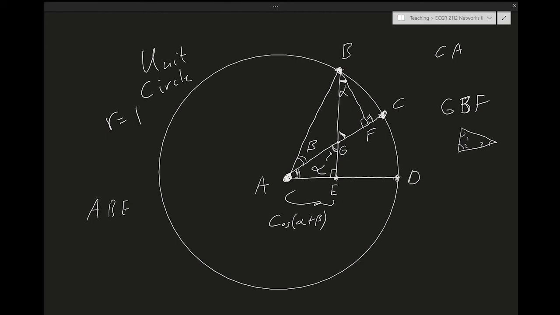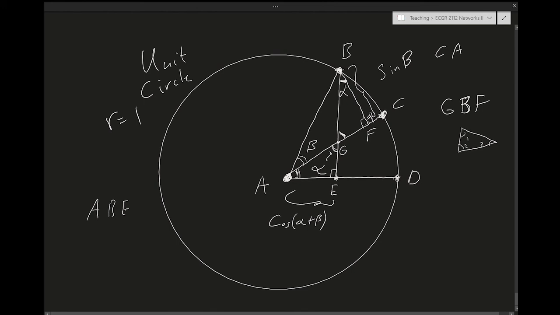Okay, so that means that this projection here, this line here, BF, is equal to sine beta. Right? This is equal to sine beta.